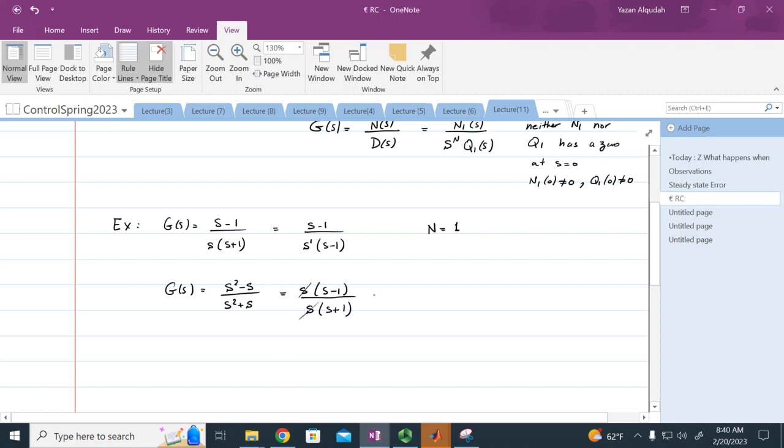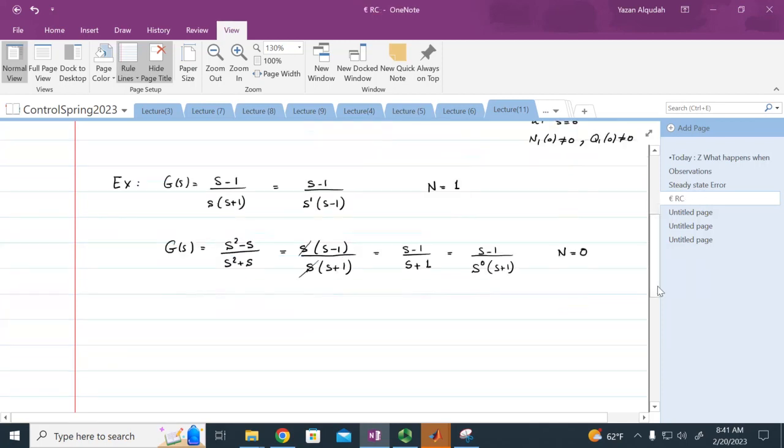These cancel. We get S minus 1 divided by S plus 1. Is N 0 or is it 1 here? 0. We can write it as S minus 1 divided by S to the 0 multiplied by S plus 1, and therefore N is equal to 0.